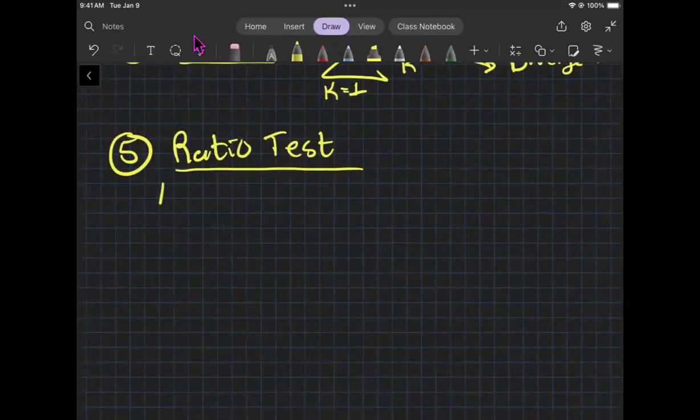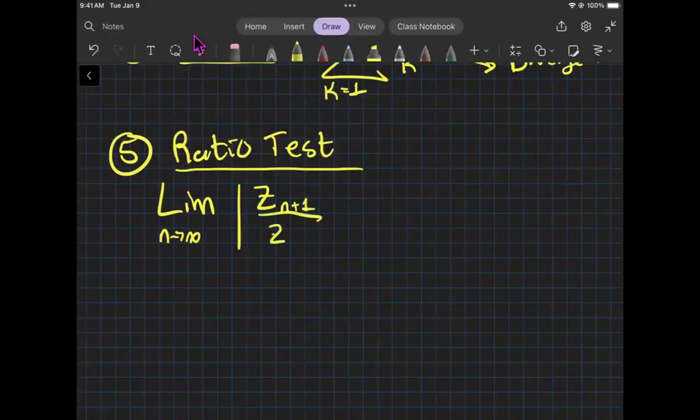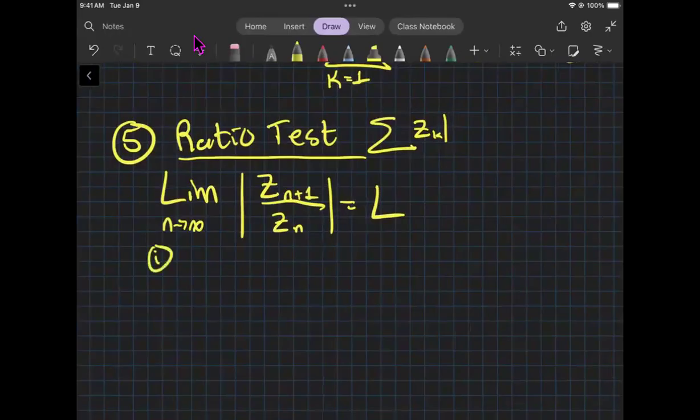So the ratio test looks at the limit as n goes to infinity of the ratio of two terms in the series of z sub k, right? So if we suppose this limit equals L, we'll see whether this series converges regarding what this value L equals, right?